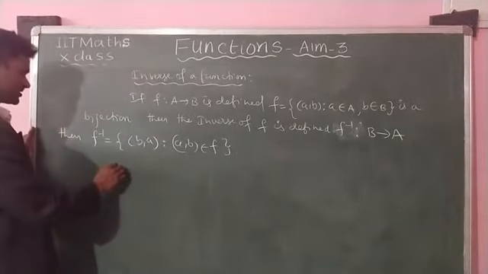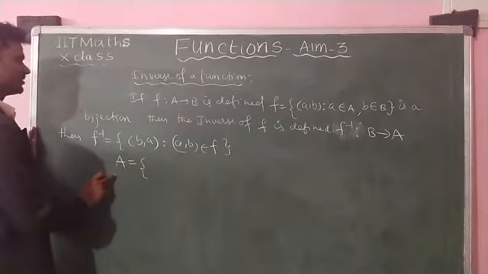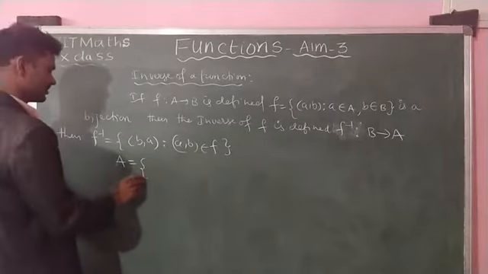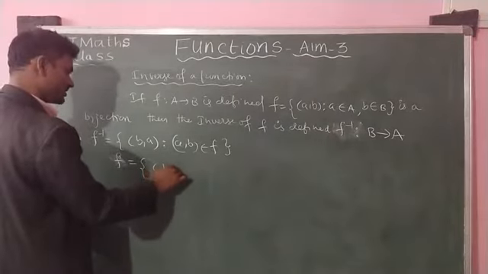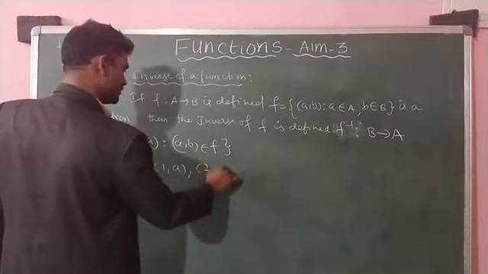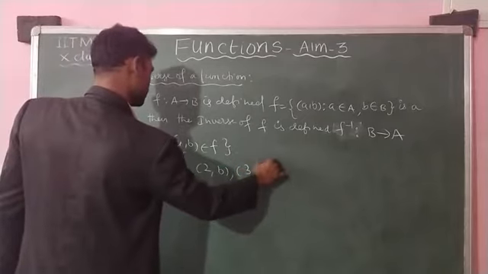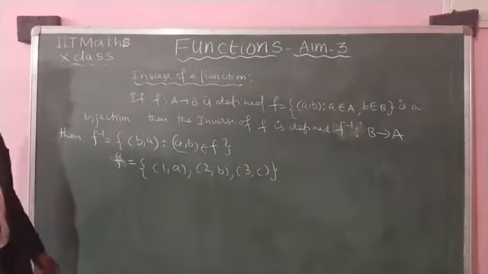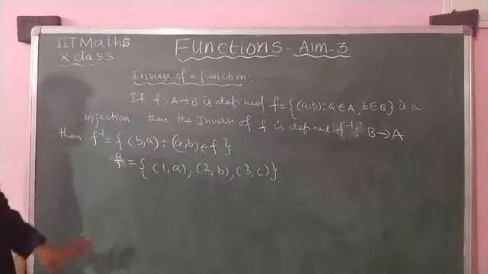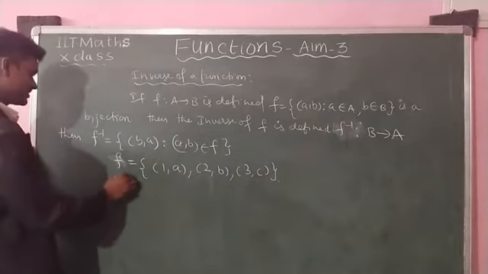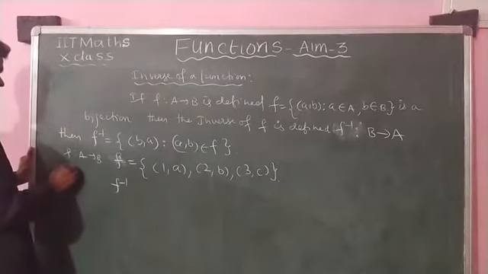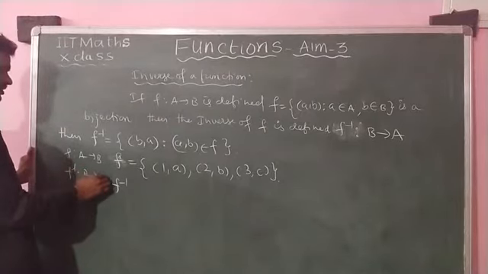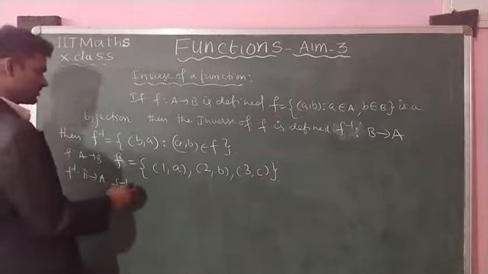See here, one example. Function f is equal to {(1, a), (2, b), (3, c)}. This is a function from A to B. Now f inverse is a mapping from B to A. How to define it?